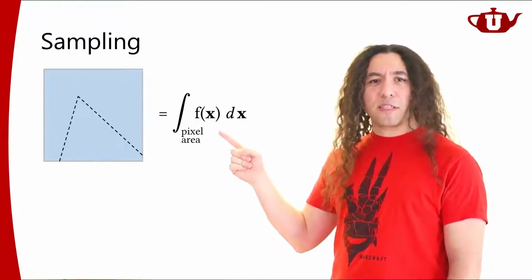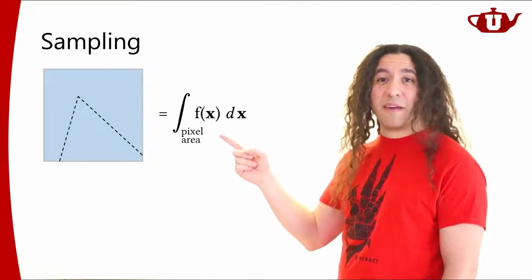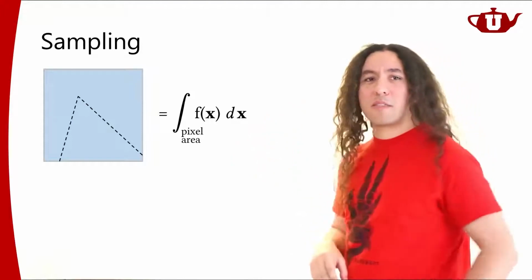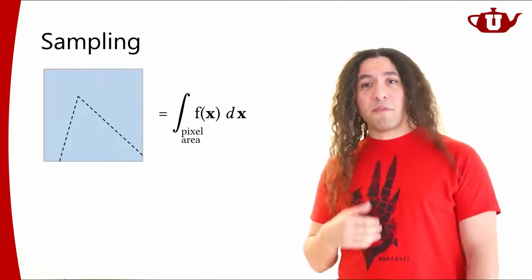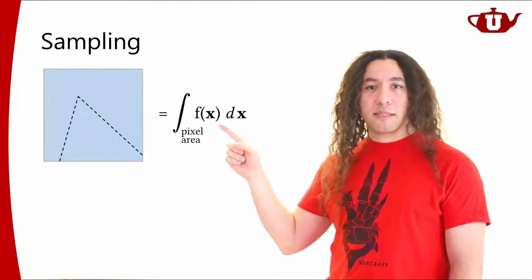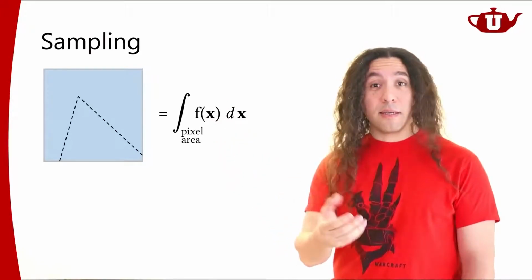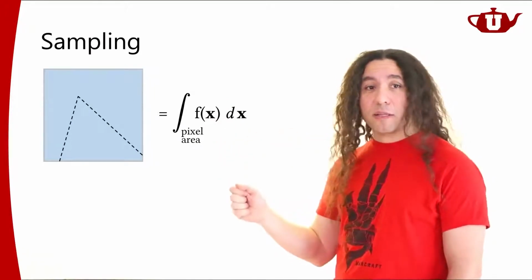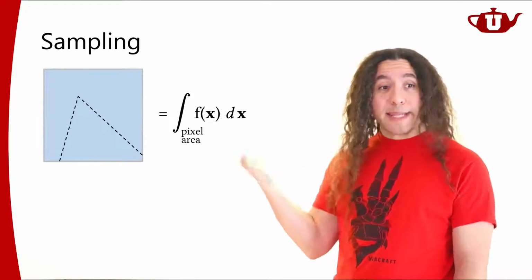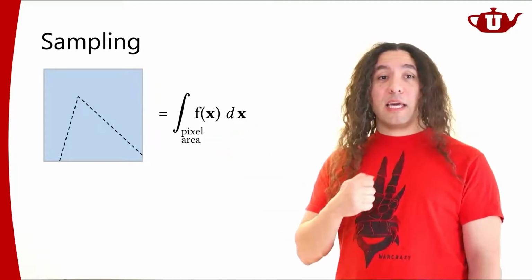Even if we have this function, it can be challenging, because this could be a very complex function, and mathematically computing this integral can be very, very difficult. In a lot of problems in computer graphics, we're going to have an integral like this, and computing it analytically can be very difficult, sometimes flat out impossible. So what do we do? What can we do to approximate the result of this integral if we can't compute it?